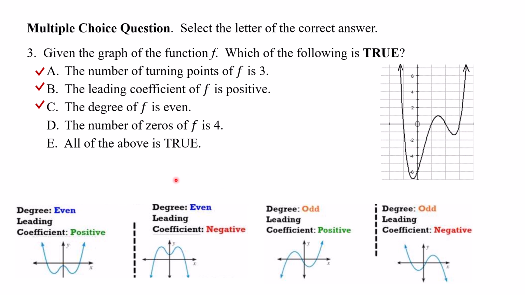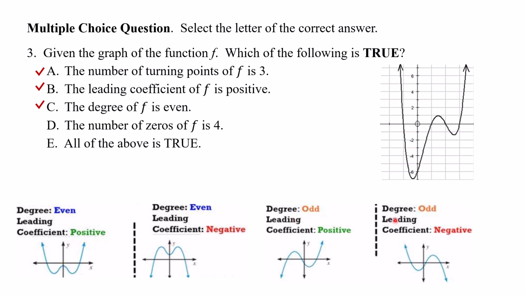And you can also check the rest just in case, or for some more information. If the graph on both ends is decreasing or going down, this is an even degree and the coefficient is negative. So as you can see, when both ends are both increasing or both decreasing, they have an even degree. Up means positive, down means negative.